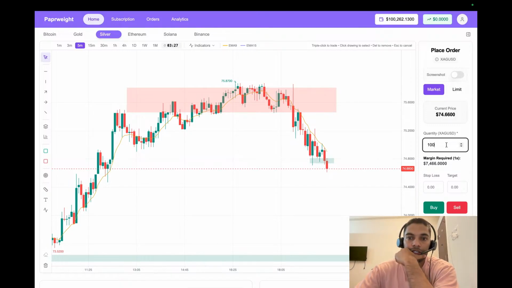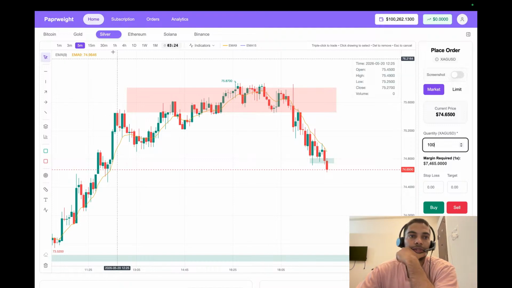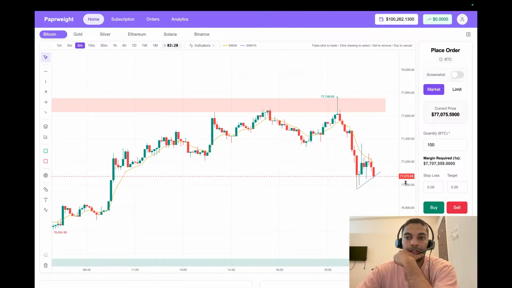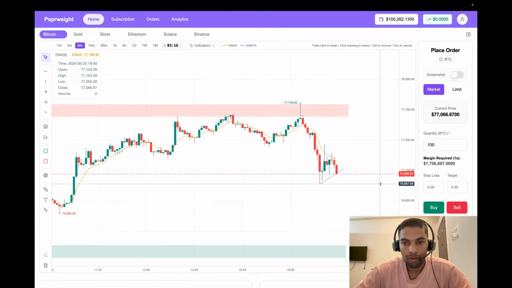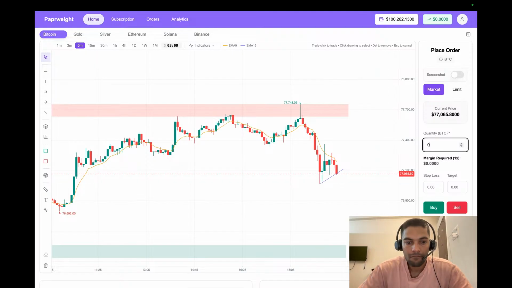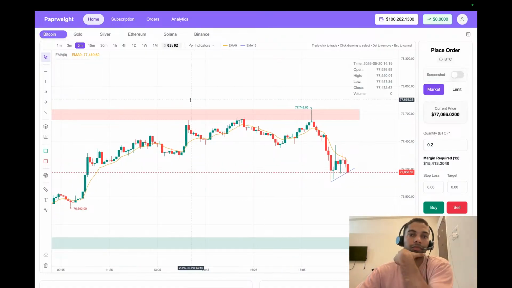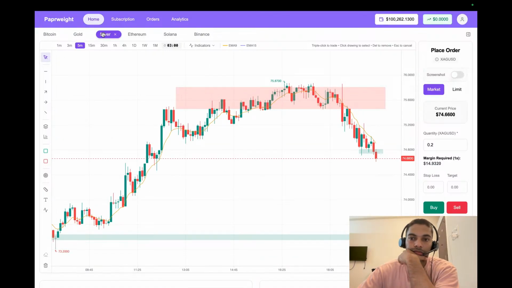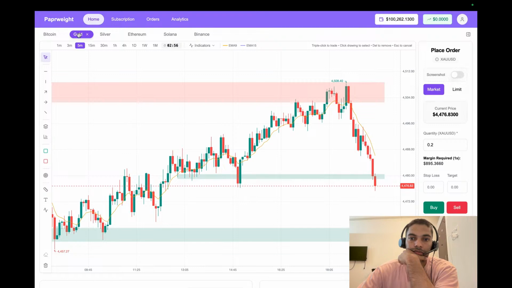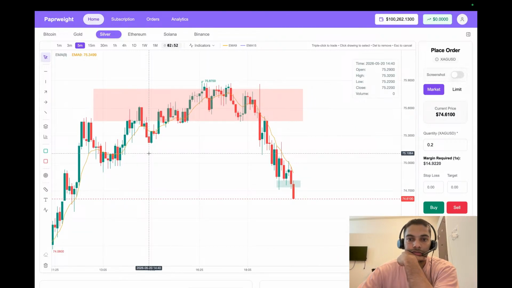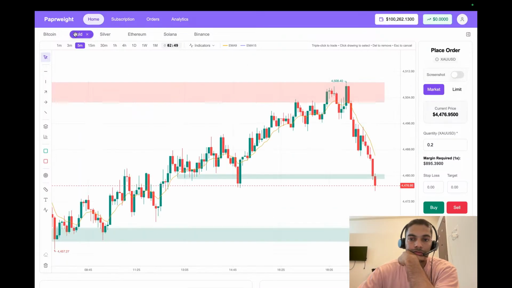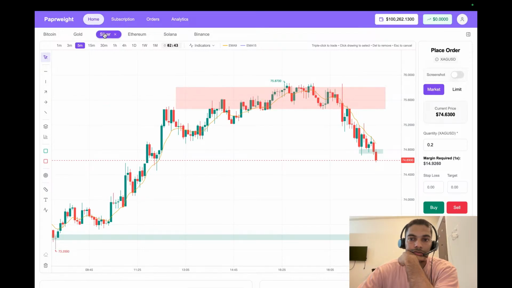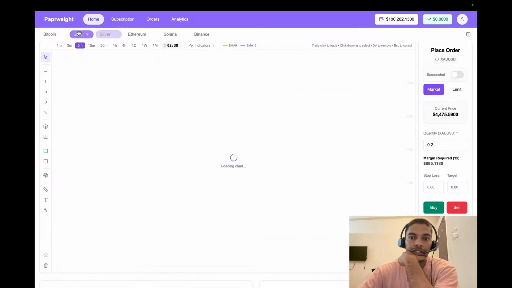Let's wait for this candle to close. How this candle closes will decide the momentum in the downward direction. On the other hand, Bitcoin is also showing this great zone breakout. Silver is already on its way in the downward direction.